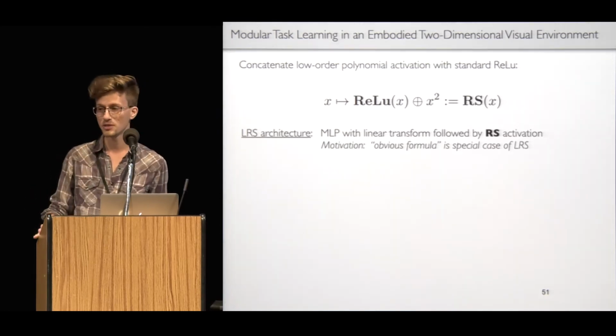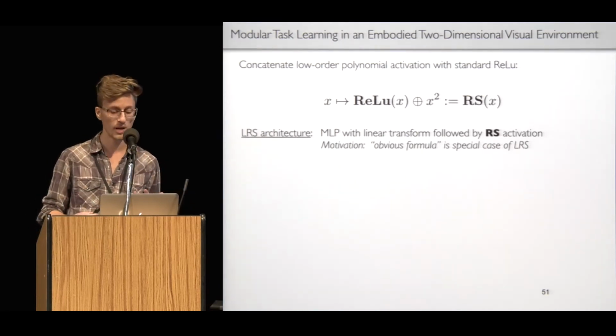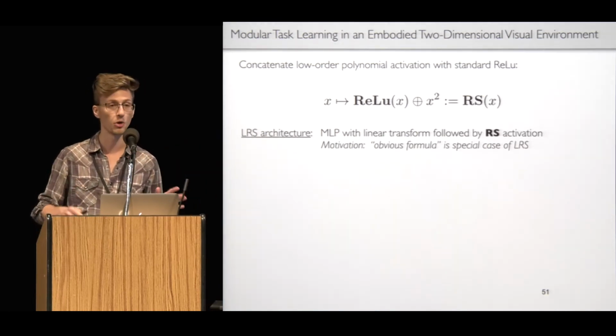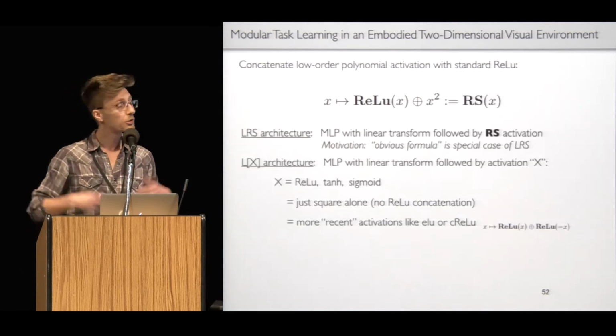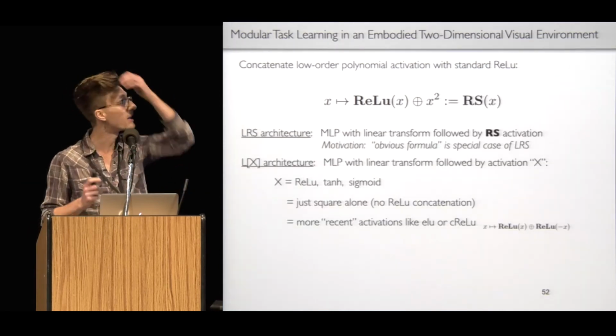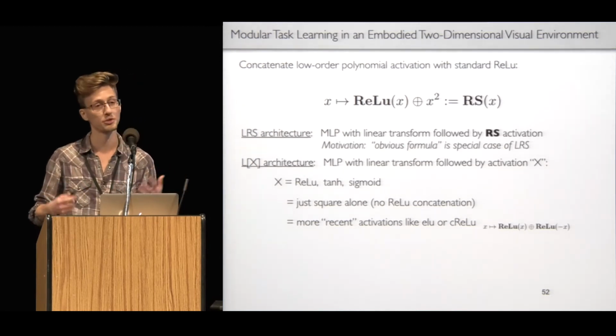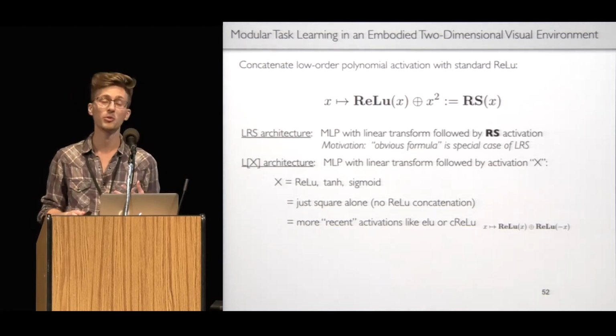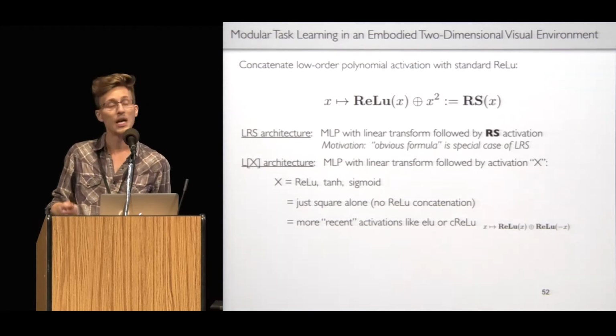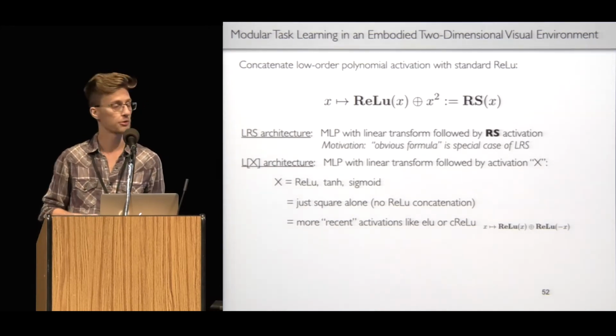And the reason we do this is because that formula from before is a special case of this with a small number of parameters. We also compare this with early bottleneck LX modules, but using more standard activation, such as ReLU, tanh, or sigmoid. We also experiment with just using the squaring operation alone, as well as some more modern activation functions.